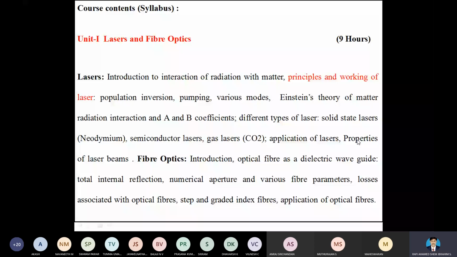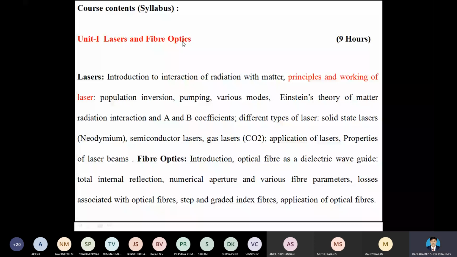So up to this part, we are going to consider all the terms that belong to laser. So up to this part, it comes under first part, laser. First unit, second part is optical fiber or fiber optics.